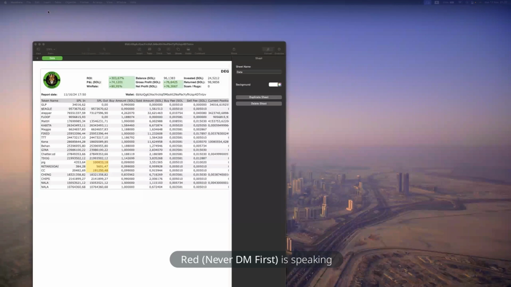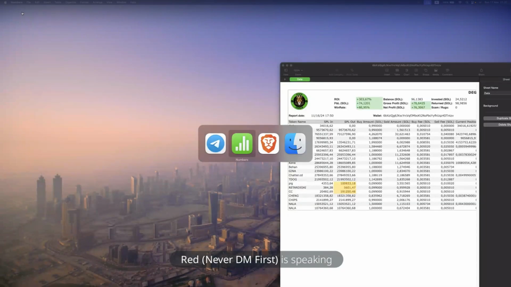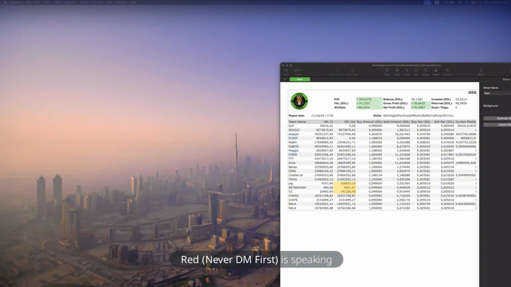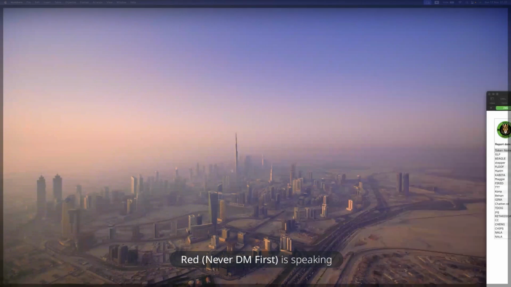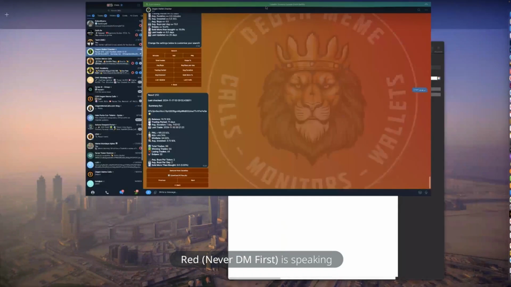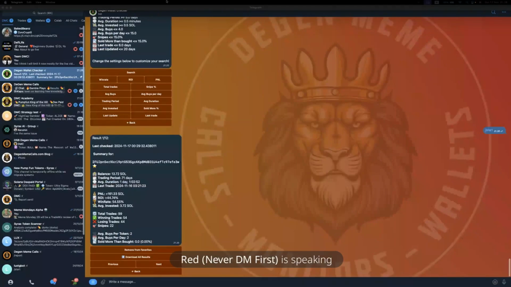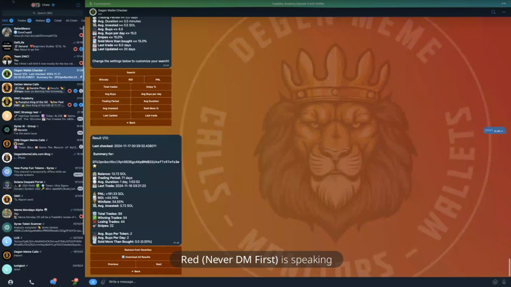Especially after watching your video, people will put 65% win rate, 80% ROI, so they will basically have the same wallet. If five or six people find the best wallet, they will all copy it. So how do we deal with this?